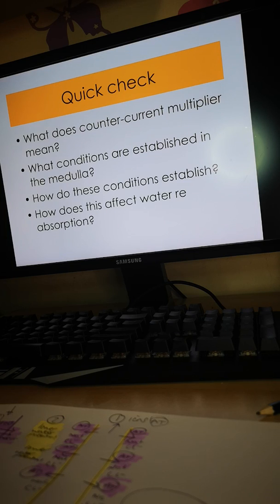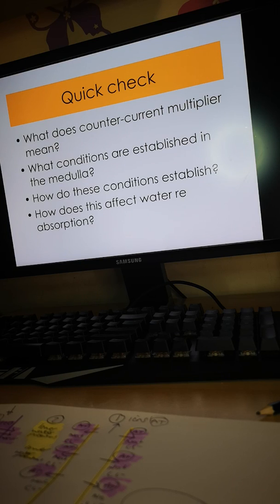So what conditions are established in the medulla? Well, the medulla has always got a lower water potential than the surrounding filtrate. So it's got a higher solute concentration. How is this established? At the apex, through the diffusion of ions out, but later on, when the ion concentration is lower, through the active transport of ions out of the filtrate into the medulla.